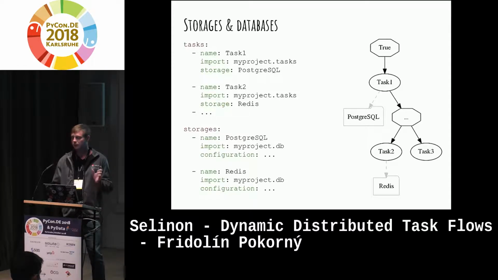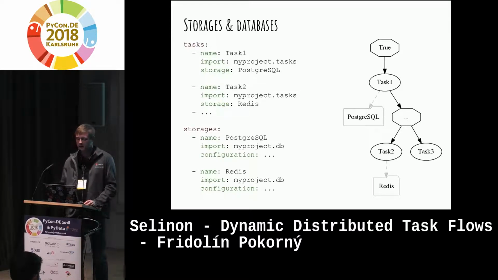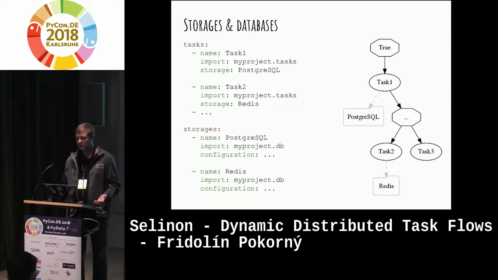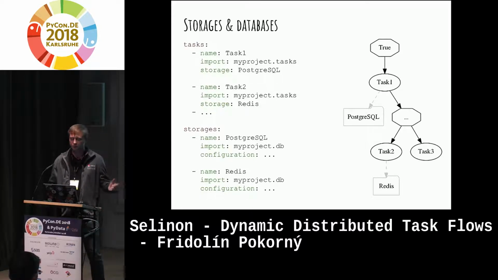So we state the name of the adapter, from where it should be imported, from which package or Python module, and then we state the configuration. This configuration is basically how to connect to the database. So in case of PostgreSQL, you define a connection string. Then when you have tasks, you assign these storages to tasks. So our task 1 uses PostgreSQL, and Redis is used by task 2.